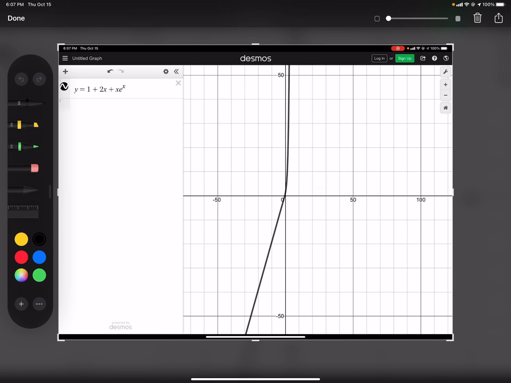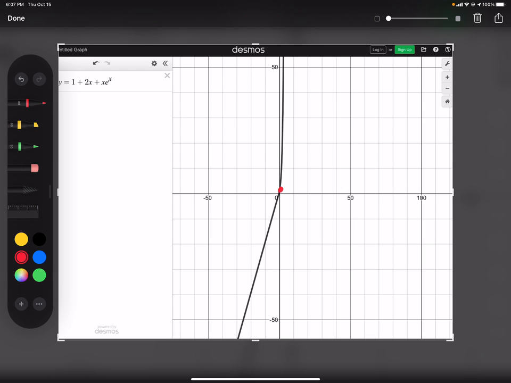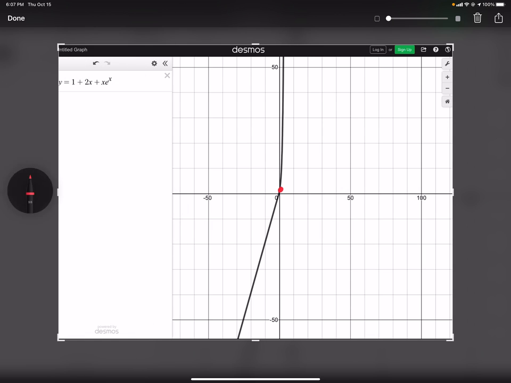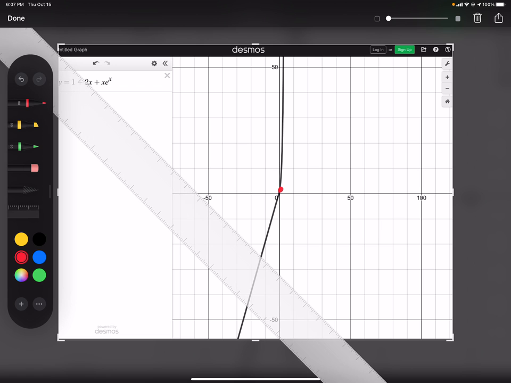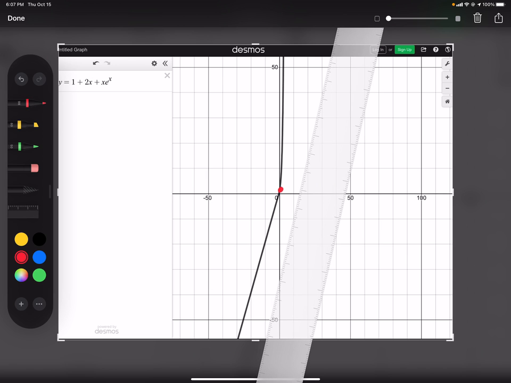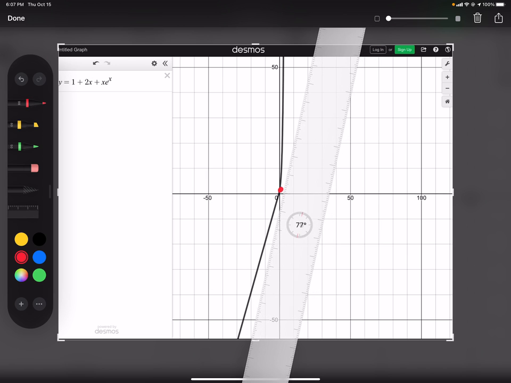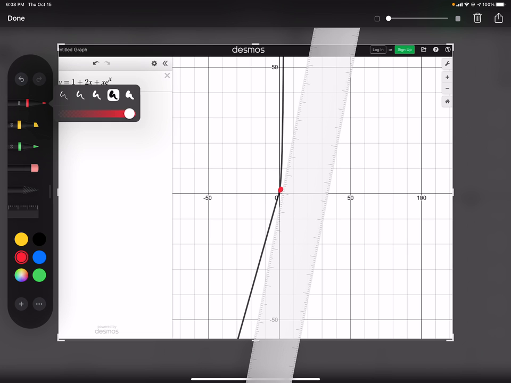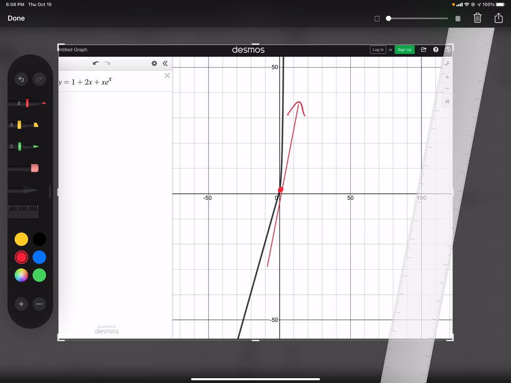So they want the equation of the tangent line at x equals 0. So if you put a dot here at 0, they want a line that's tangent at that point. So roughly, I'm going to get that line. And they want the equation of this line here.